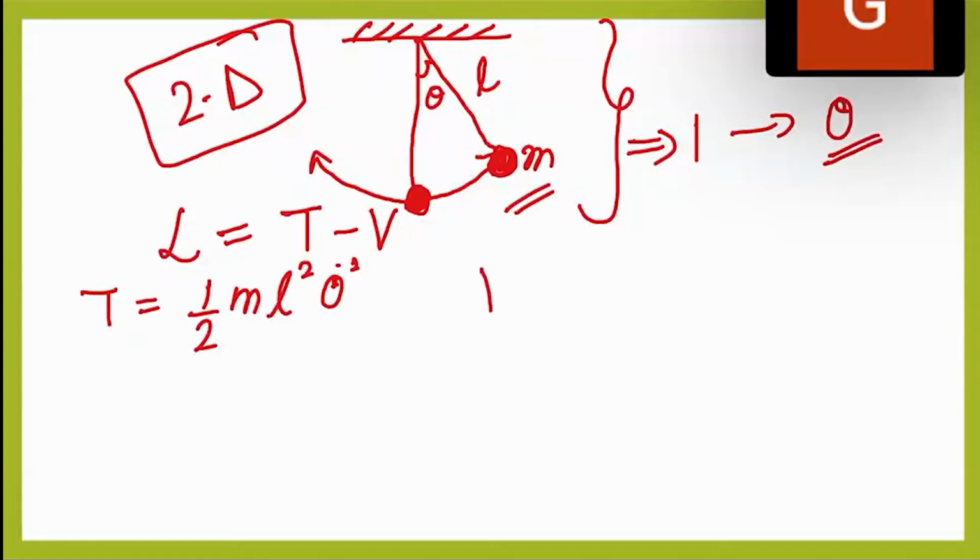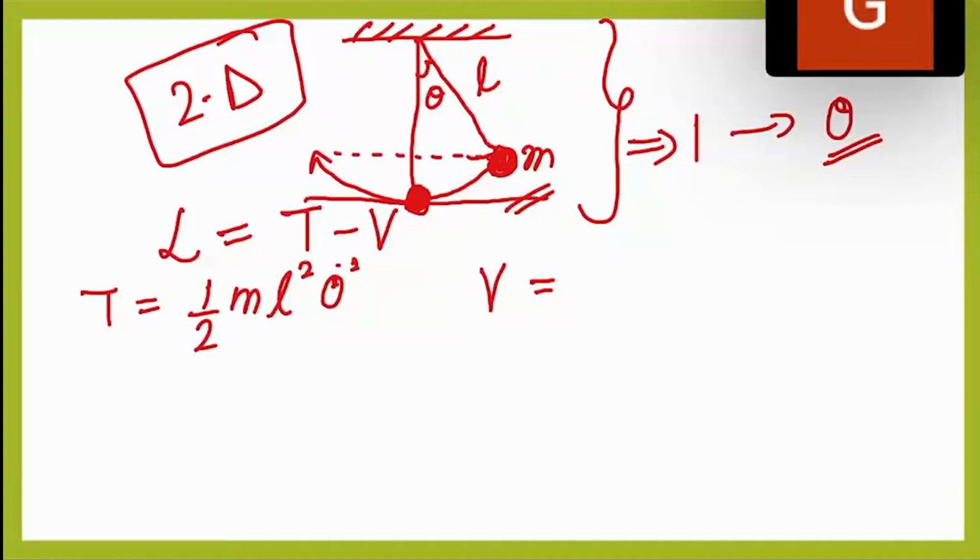Now, writing down the potential energy of the system. For the potential energy, what is important is that you have to define a reference point. For example, I'm taking the reference here.